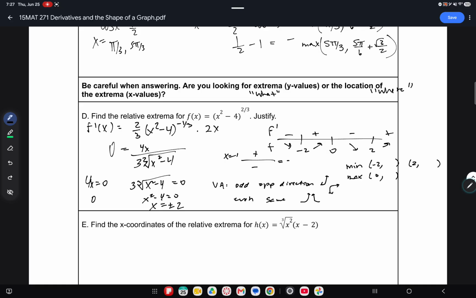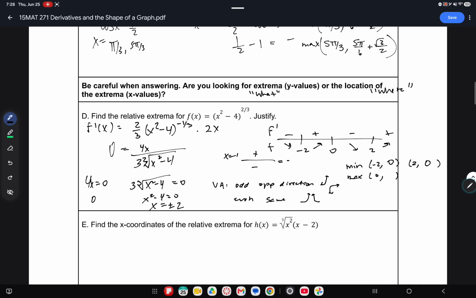So I can plug these into the original equation, or the original function. So -2 squared would be 4. 4 minus 4 is 0. 0 to the 2/3 is 0. And then very similarly, 2 squared is 4. 4 minus 4 is 0. 0 to the 2/3 is 0.